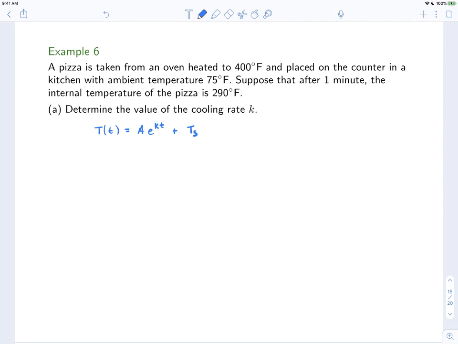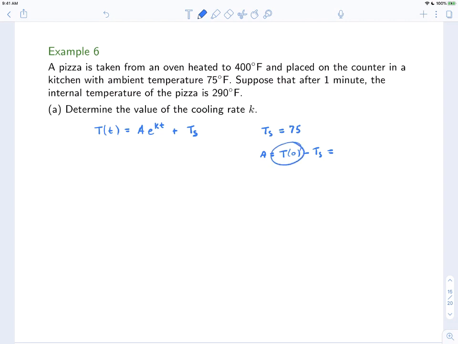So we know what T sub s is. T sub s is the temperature of the surroundings, so it's 75 degrees. What about A? A is the initial temperature difference, so that's T at 0 minus T sub s.